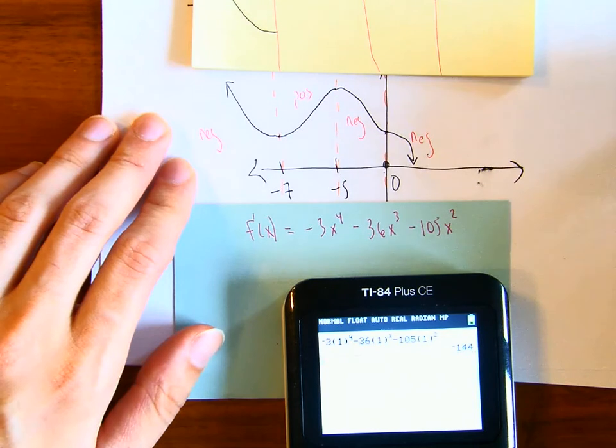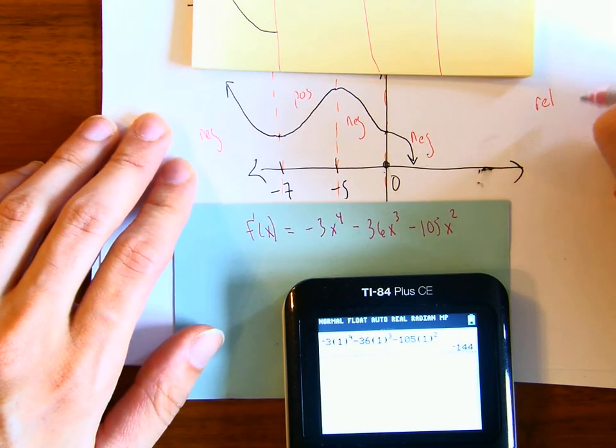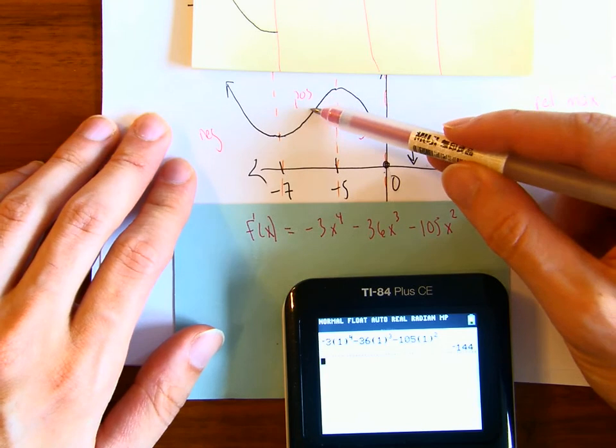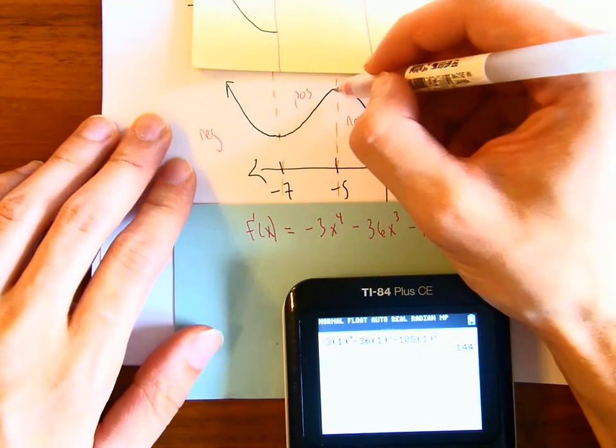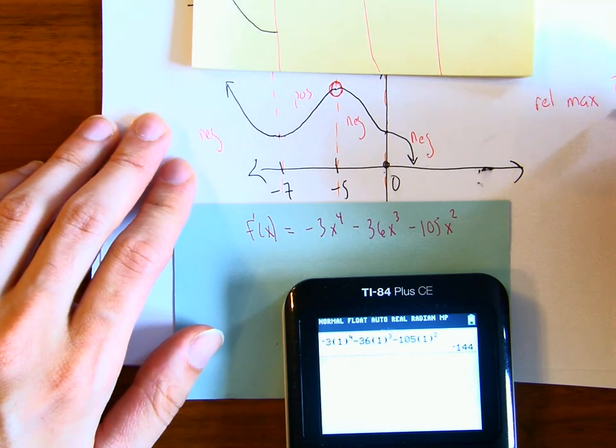Now going back to the question, it's asking where there has to be a relative max. You know a relative max occurs when the graph goes from positive to negative. You see, this is where the relative max is. So you're going to say that the relative max is at x equals negative 5.